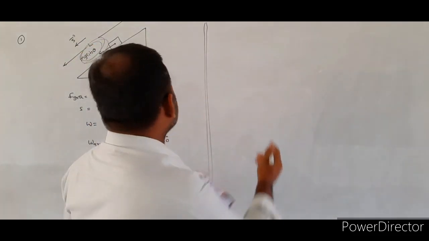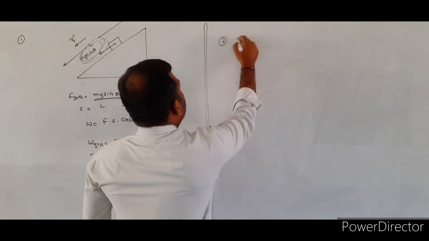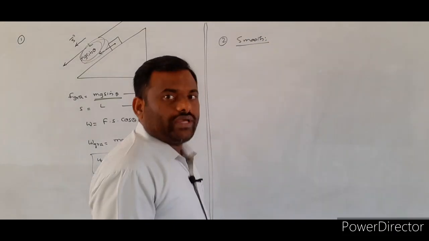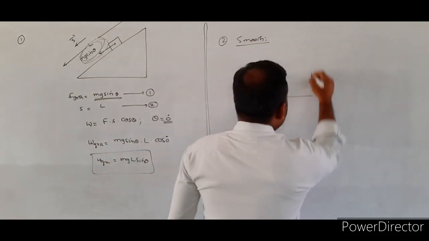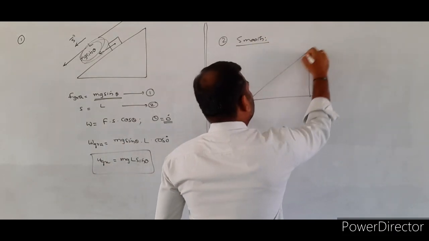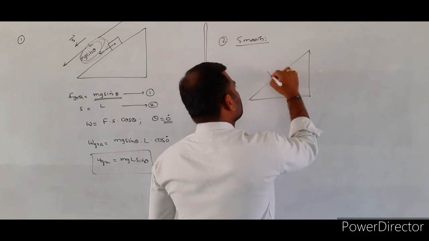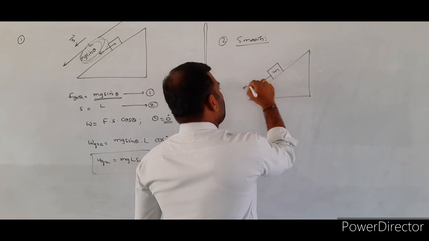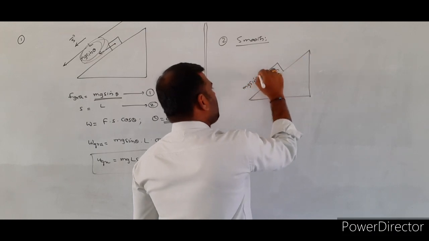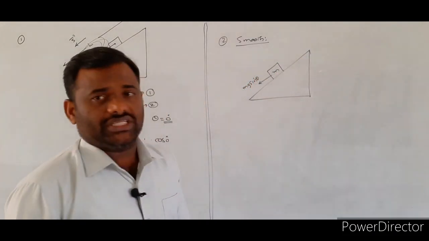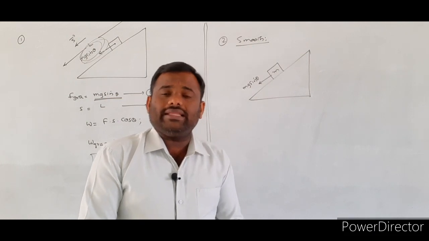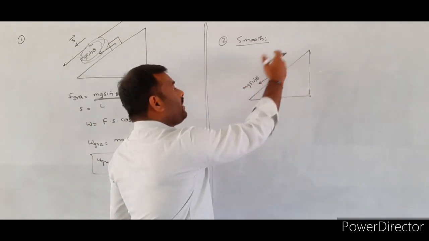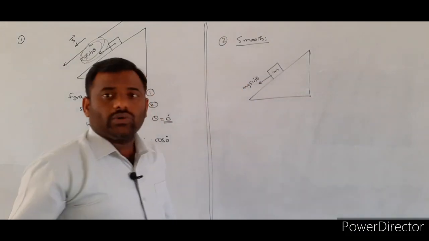The second application is also related to a smooth inclined plane. Here an object is placed on the smooth inclined plane, and always mg sin theta acts in the downward direction. Whether the plane is smooth or rough, the mg sin theta component is always acting down the plane.